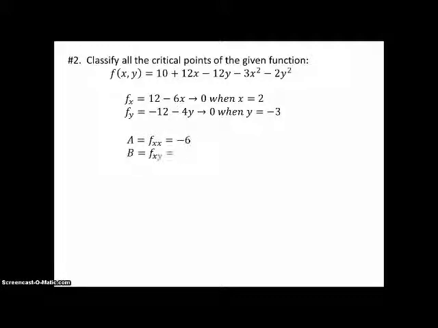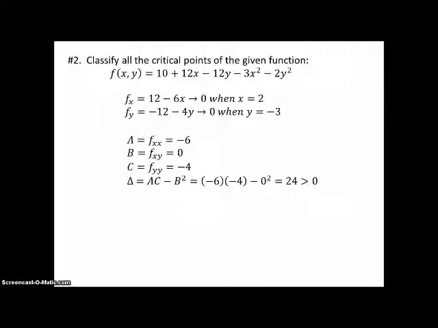So then we need the second order partial derivatives, and so they end up just being the coefficients of x and y. And then notice that B is 0 because there is no y term in the partial derivative with respect to x. And so the second order partial derivative of the partial derivative with respect to x with respect to y then is 0.